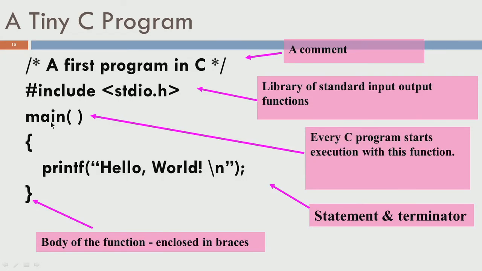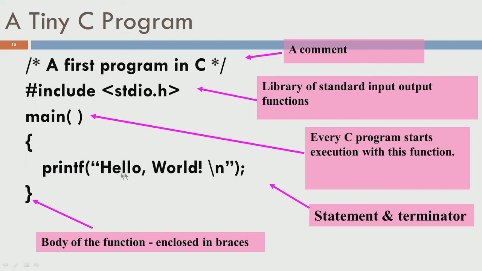Every C program will have something called a main function, and the very first instruction that is executed will be from main, and within the body of these curly braces you have a single statement here called printf. You can see that this printf is a function, we will see what a function is in more detail later. It seems to take an argument or a parameter.